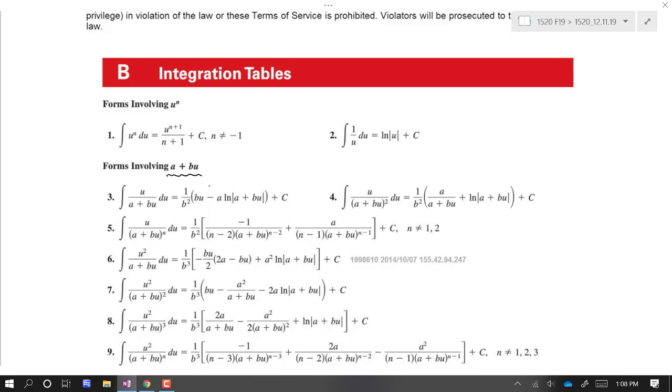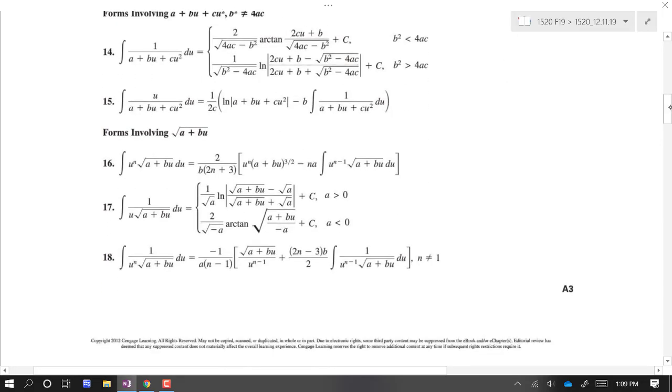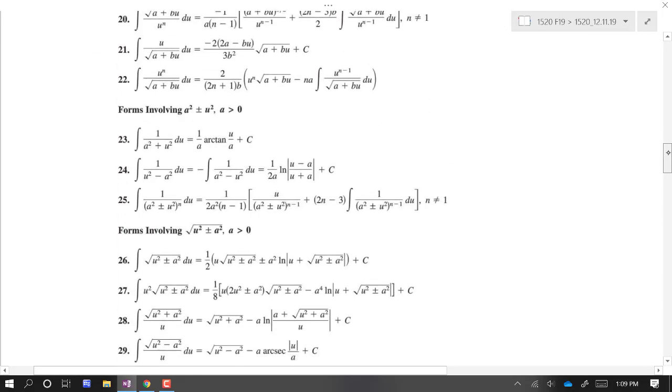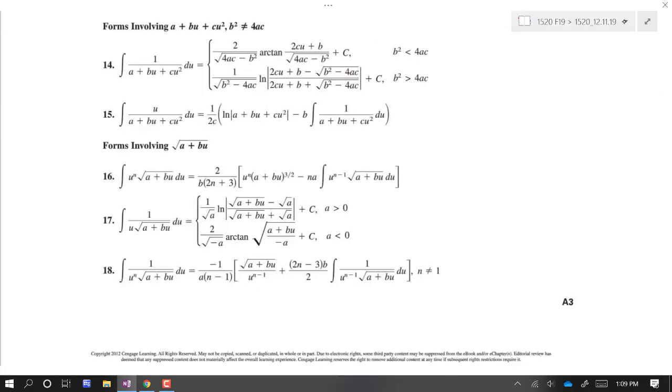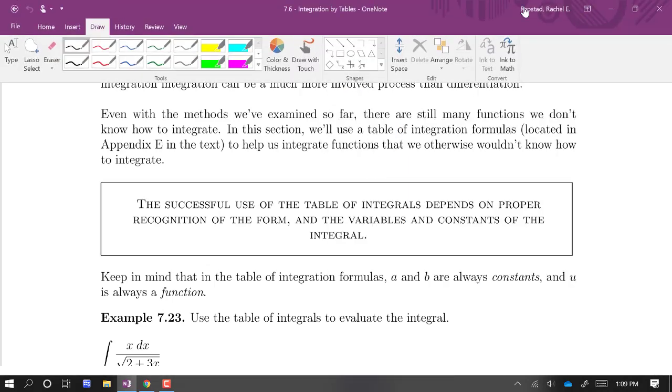You might think, oh, that's like a linear, like 2 plus 3x. Sure, but u is just any function of x. So 2 plus x minus 5 squared could also be it, depending on what du is and whether or not we can make it fit that. They arrange it by general type: we've got a plus bu, radical a plus bu, forms that involve a sum or difference of squares. And we're just going to do a few examples together.